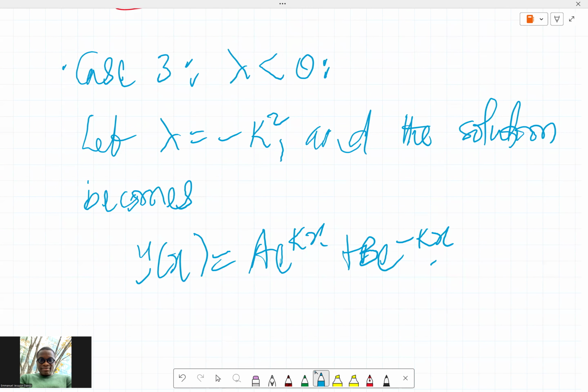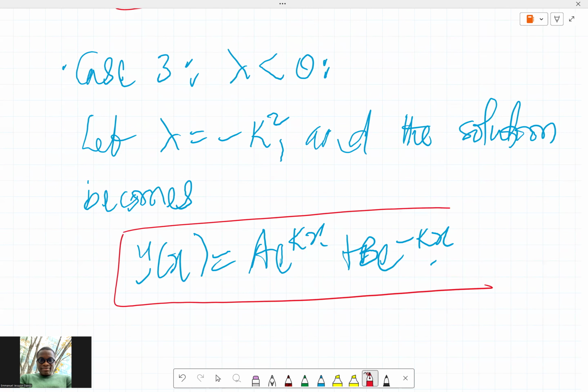So this is yet another solution depending on the sign of lambda.